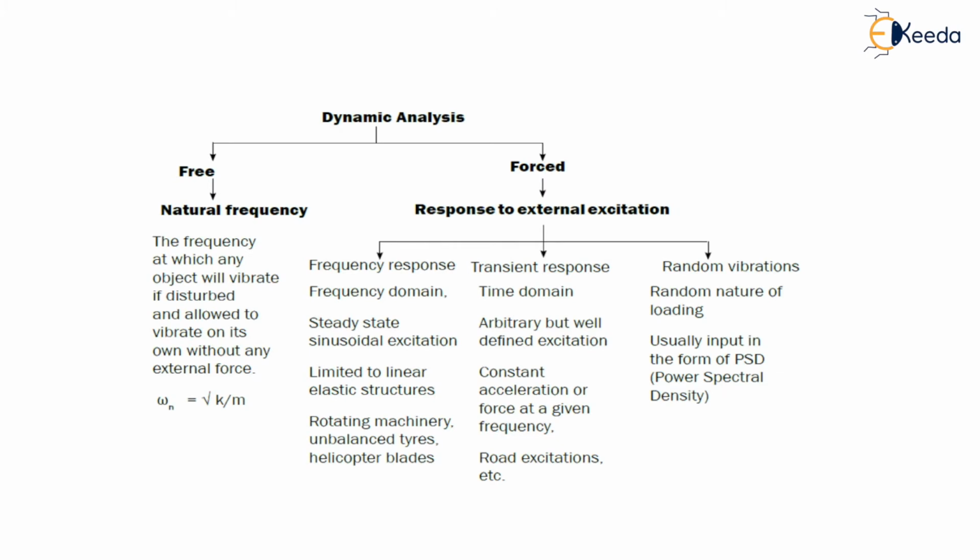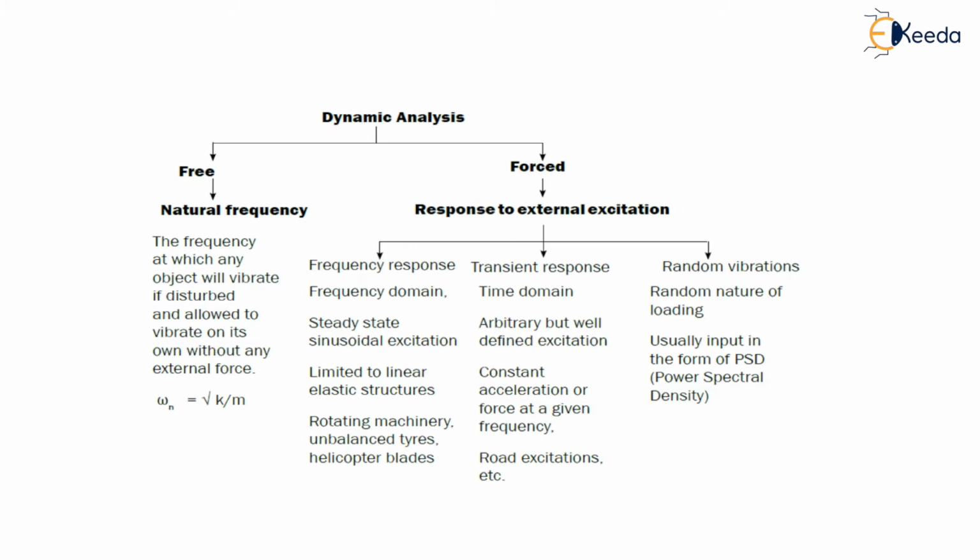Dynamic analysis is mainly divided into two parts: free vibration analysis and forced vibration analysis. The natural frequency is related to modal analysis or free analysis. It is the frequency at which any object will vibrate, if disturbed and allowed to vibrate on its own, without any external force applied on that particular body.